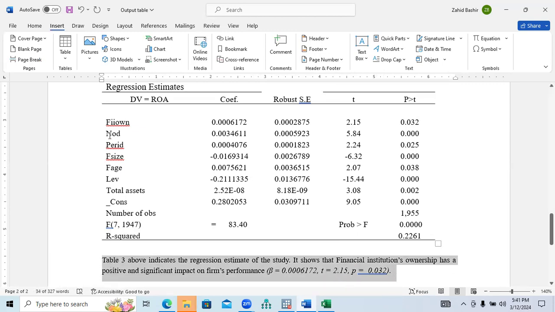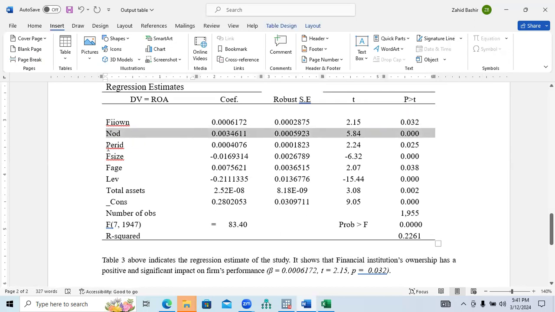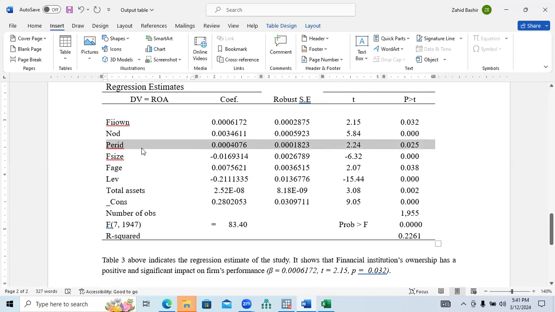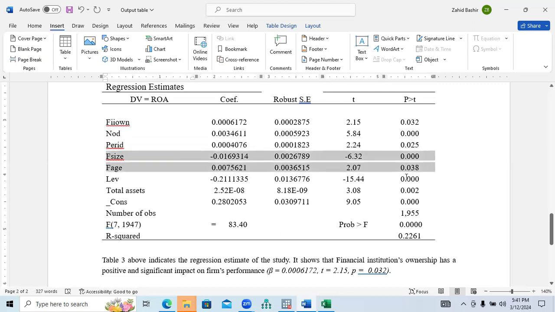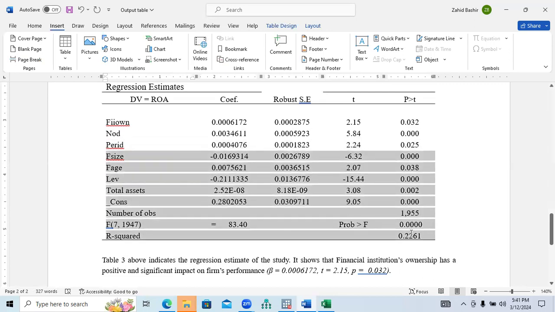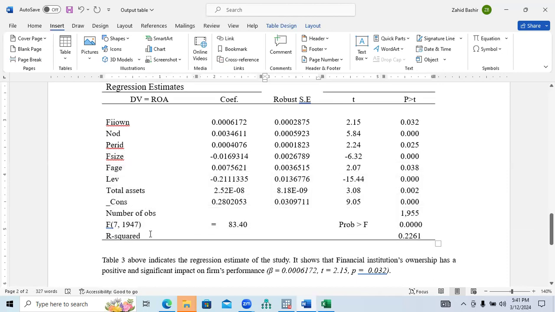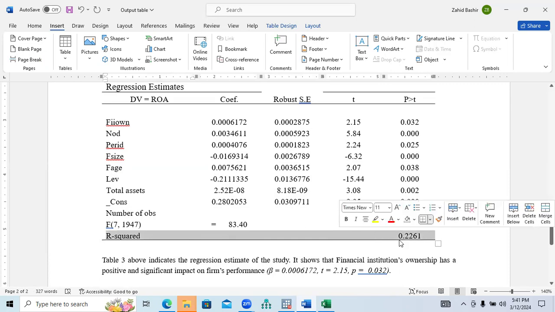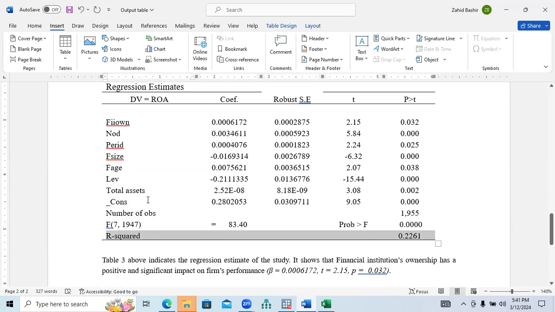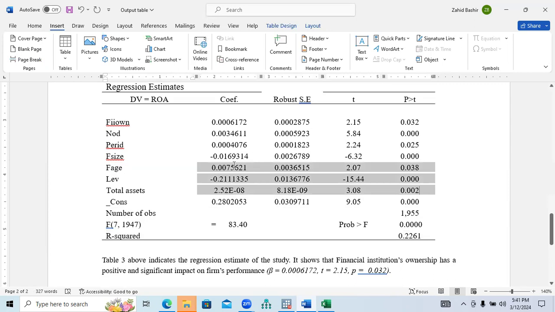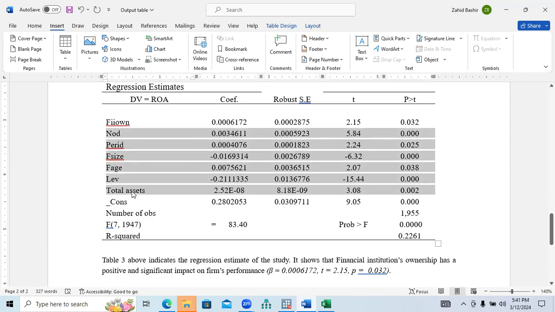In the same way, you can write the interpretation of this, of this, and of these variables. You can also write the interpretation of R square here. You will interpret the remaining variables.